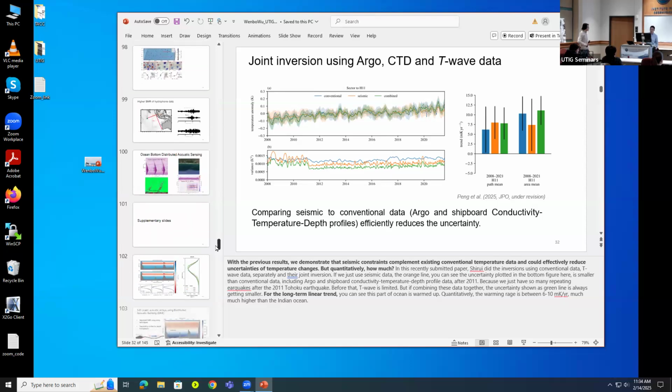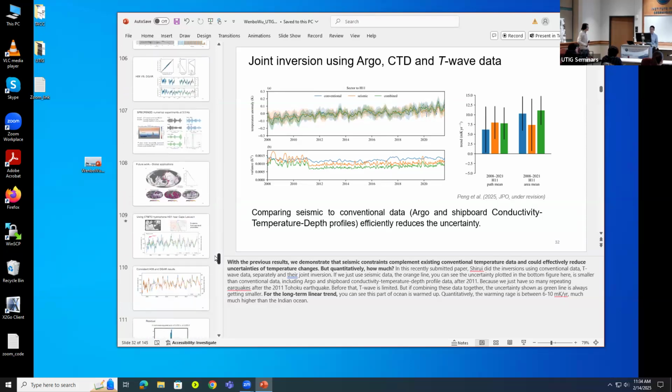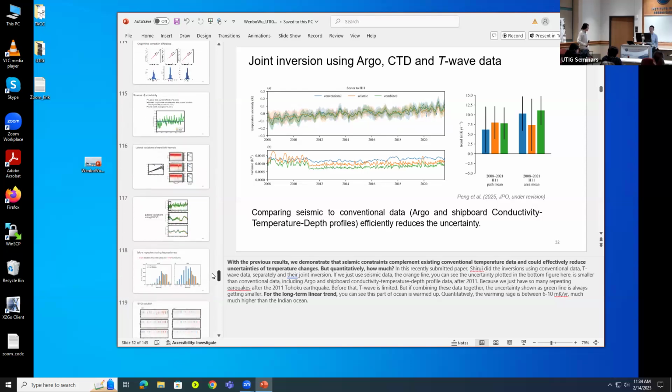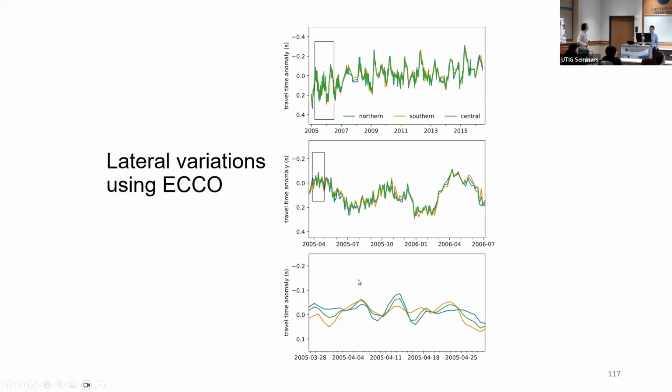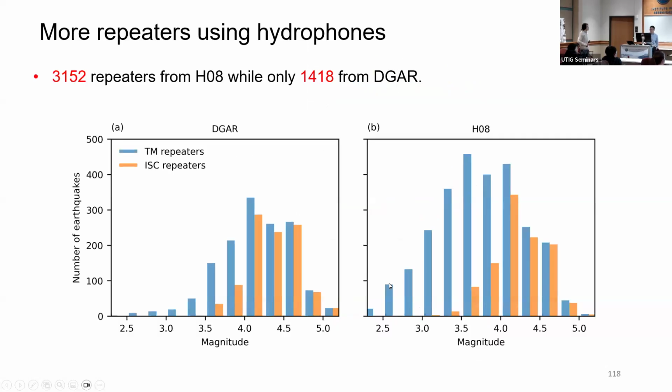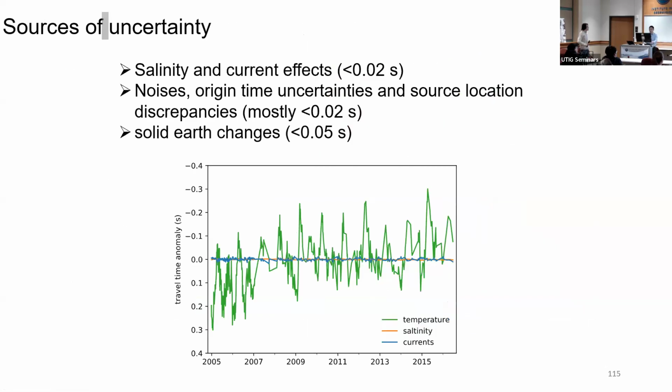So in our result, we just ignore the current and salinity effects, as it shows in this figure. Oh, sorry, it's not this one. Oh yeah, it's this one. You can see the green curve is the temperature effect, and the blue and orange are much smaller than the temperature effect.